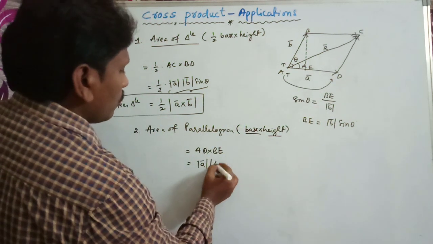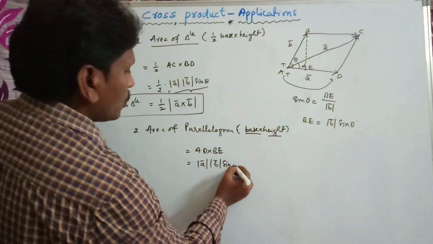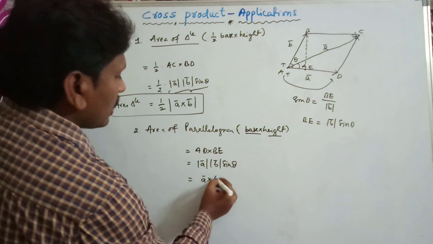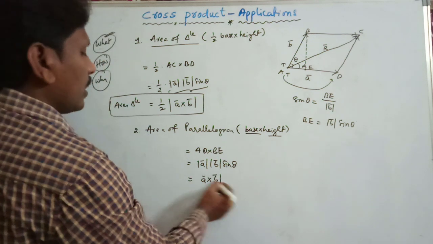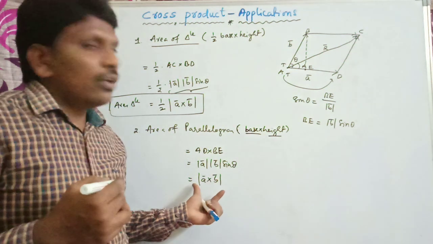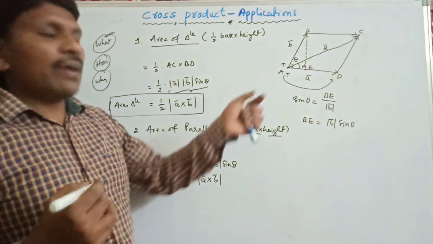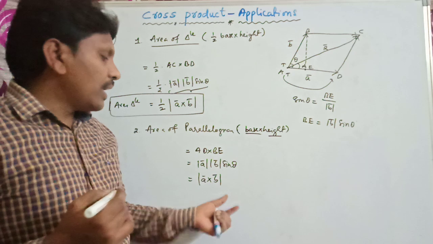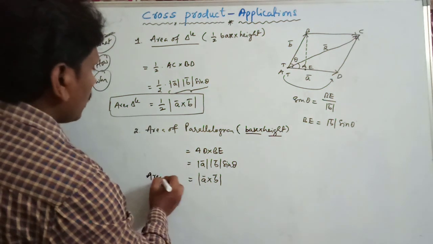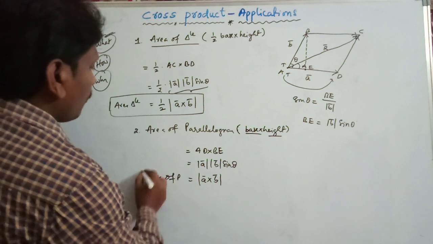Mod A bar into mod B bar into sin theta. From that we can write it as A bar cross B bar in the determinant form. Why should we take this determinant or mod? Okay, it may be plus or minus, that must be taken with a positive sign. So this is the area of the parallelogram.